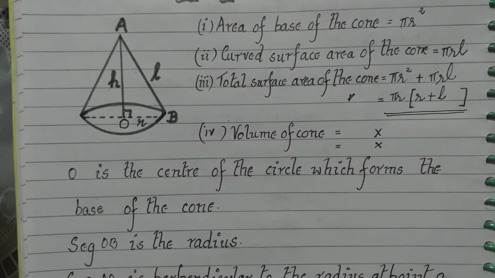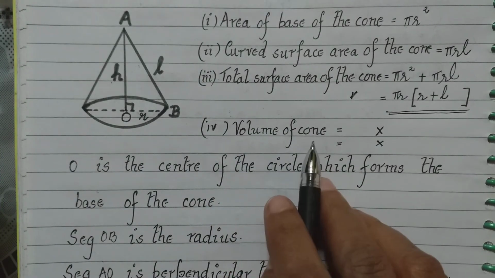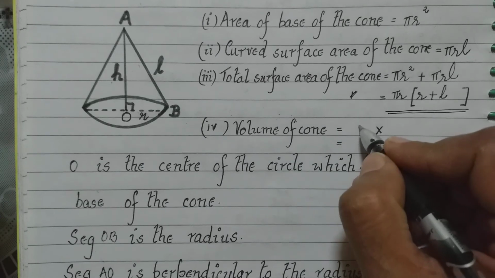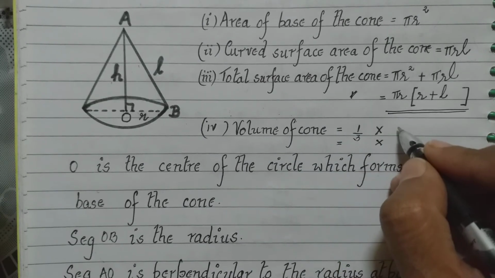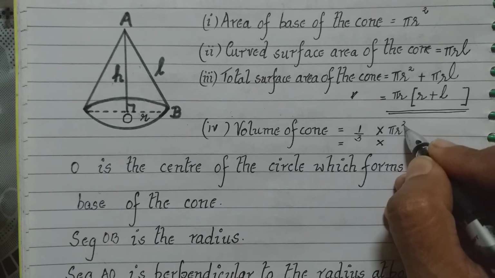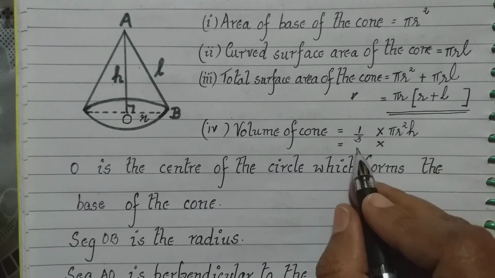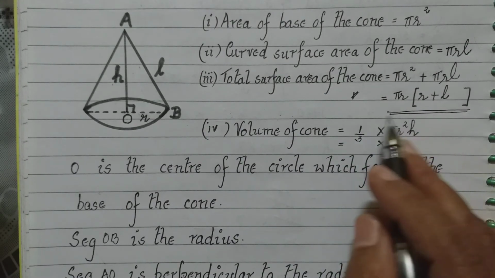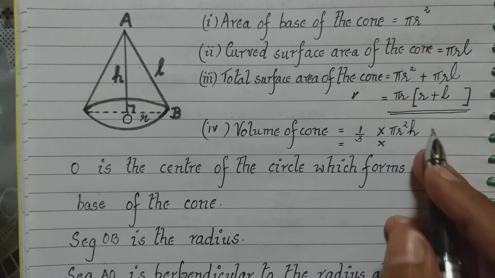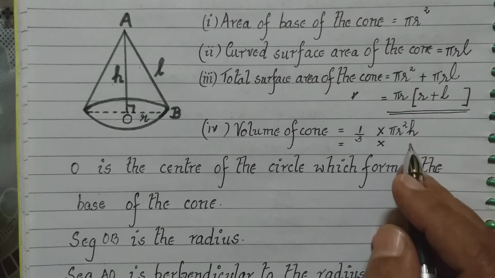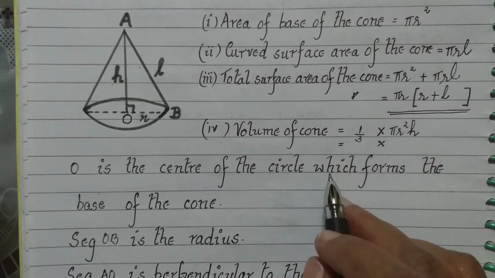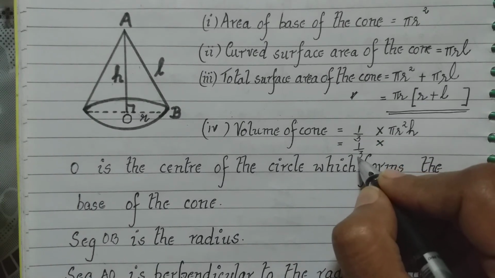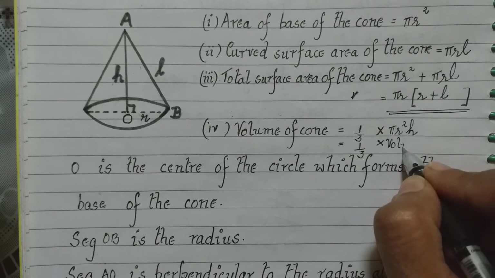The last formula to deal with the cone is the volume of the cone. Volume of the cone is given by the formula 1 upon 3 pi r square h. Now in this 1 upon 3 into pi r square h, we know that pi r square h is the formula for the volume of a cylinder. So we can also say that the volume of a cone is 1 upon 3 times the volume of the cylinder.